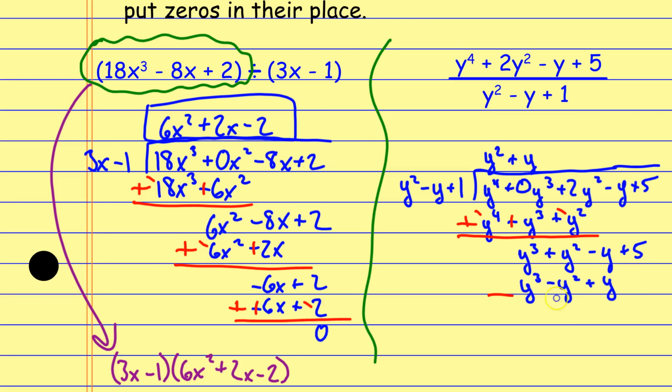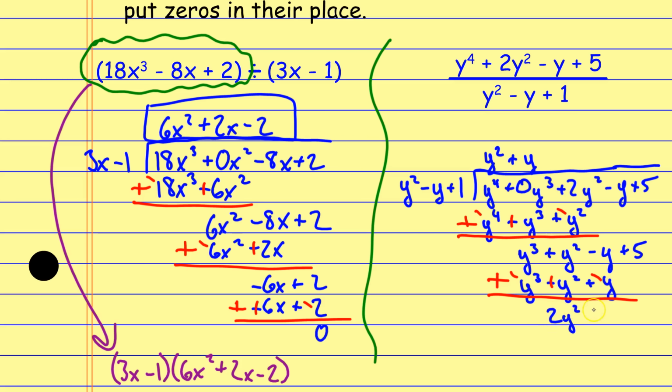And now I'm going to subtract, which once again is the same as adding the opposite. And what happens here when I add the opposite, I end up with, sorry, that should have, oh, no, that's right. So now I end up with that's a 0. This gives me a 2y squared.